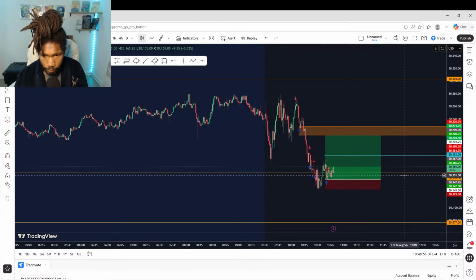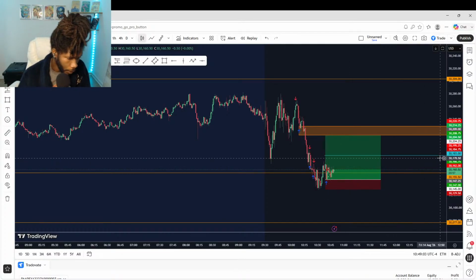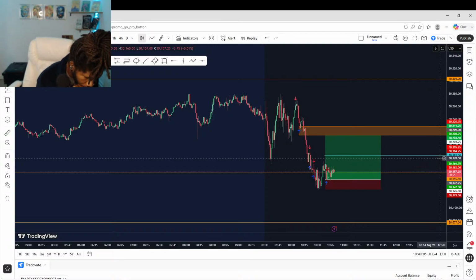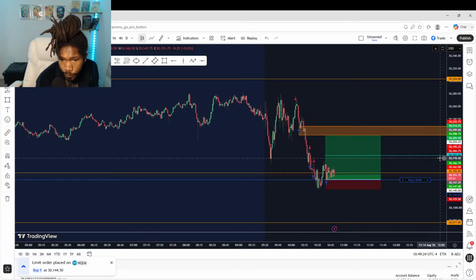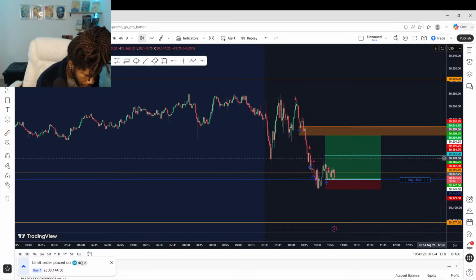That nice little support found on that level is creating another continuation pattern. We're gonna set a pending right there.